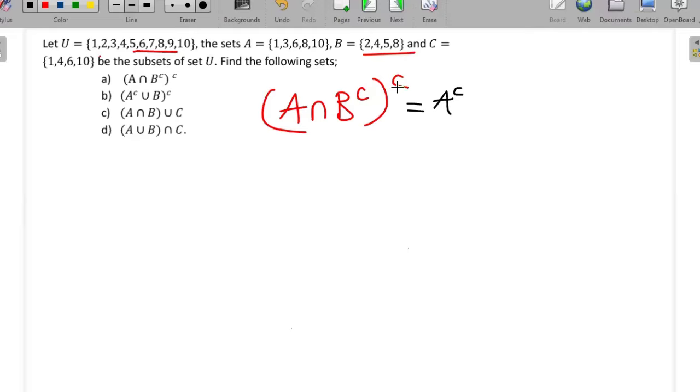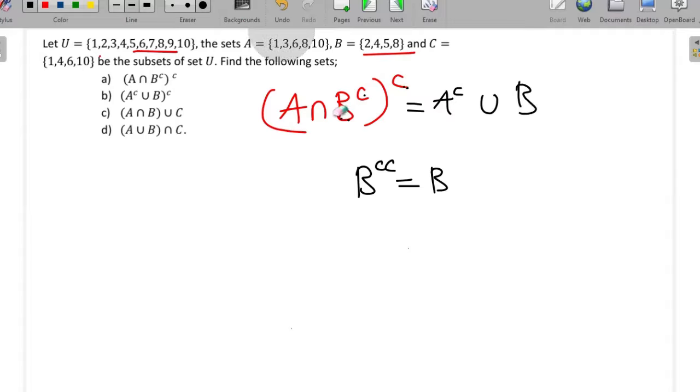So this complement going to this intersection will turn it upside down. It becomes the union. And then here I have the B complement, and I distribute the complement again. The rule is that if I have two complements like this, the complements cancel each other, and I just remain with B. So the complement of the B complement is just B.